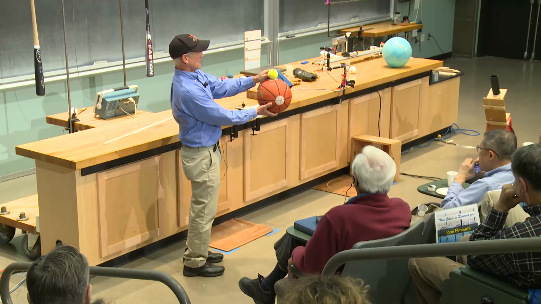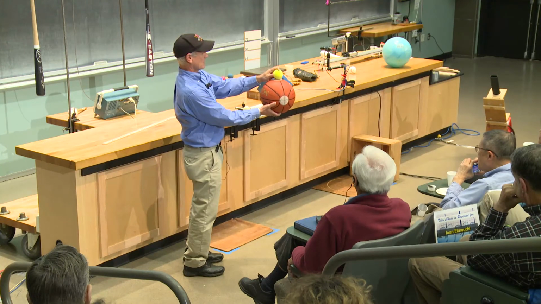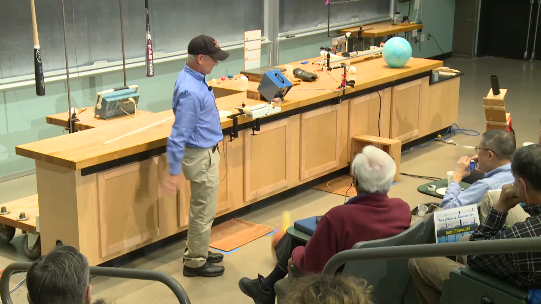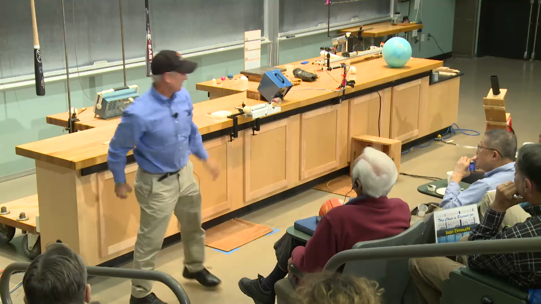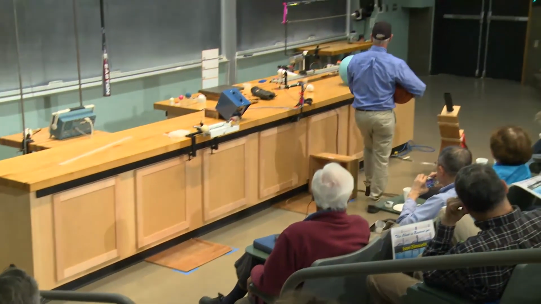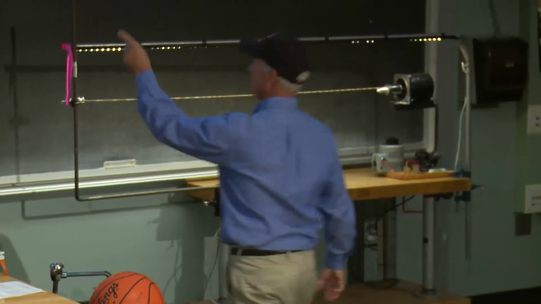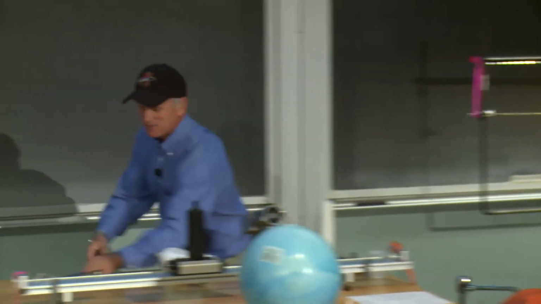So not only that, but the tennis ball is much lighter than the basketball. So let's see what happens. All right. Anyway, that's the principle in your frame of reference. Good. So double ball bounce is my cue for that.